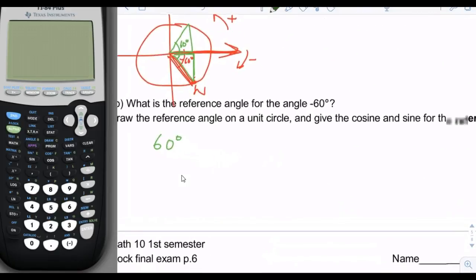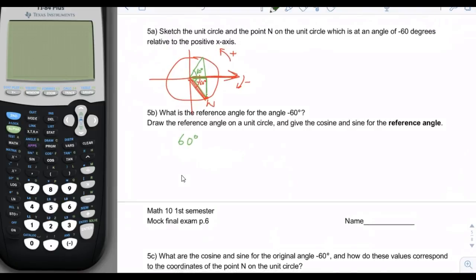Okay? And then it says, give the cosine and sine for the reference angle. Okay, there's a couple ways you can do this. One is use the calculator. So if we use the calculator, we'll say, what is the cosine of 60? And we need to make sure that we are in degree mode, right?